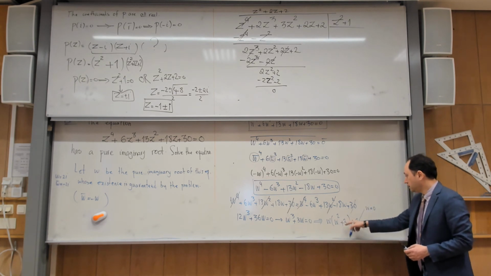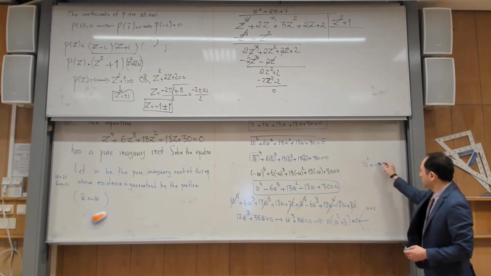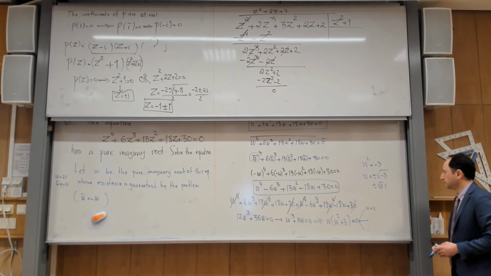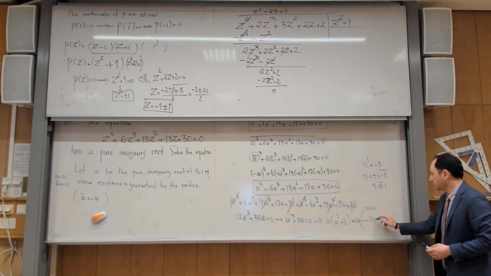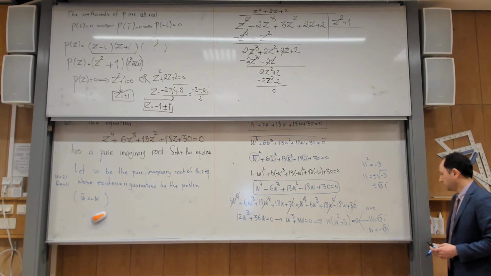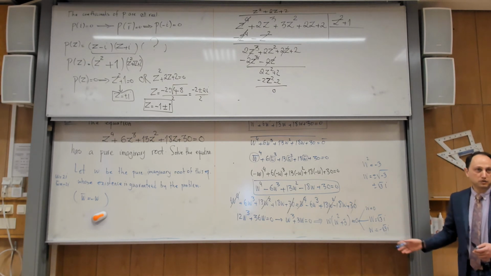And then when I put this one equal to 0, then I take the square root, it becomes plus or minus the square root of minus 3, but this can be written as square root of 3 i. So one answer is square root of 3 i, and the other answer is minus square root of 3 i. Yes? So which one of them is acceptable?